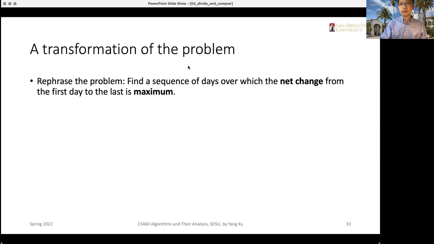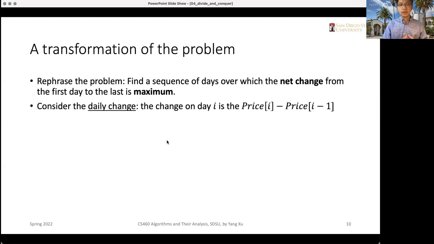So we want to monitor the net change, whether it's an increase or decrease. It could be positive or negative, but we want to maximize that net change. We can further define the daily change, which is the current price minus the price of the previous date.